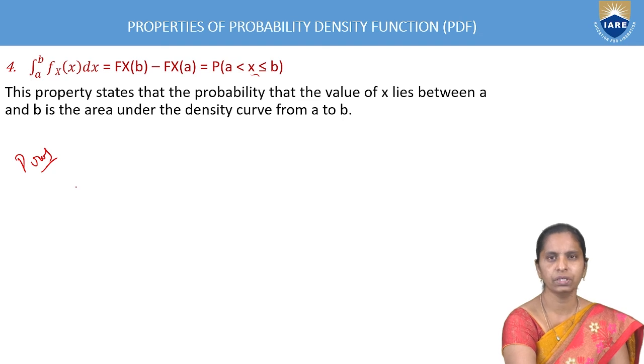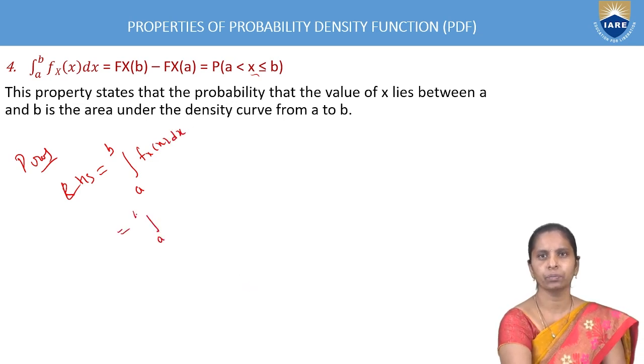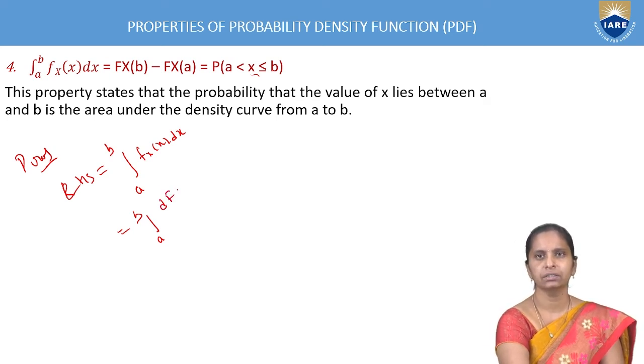So let us go for the first one. I am taking the LHS. Integration from a to b of f_X(x) dx. From the definition of the density function, the differentiation of the distribution function gives the density function.